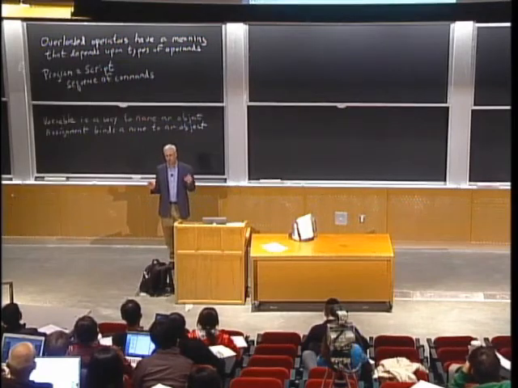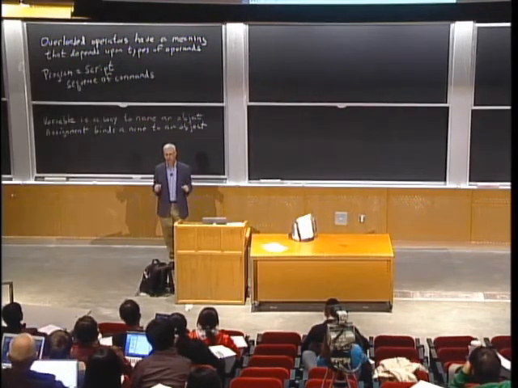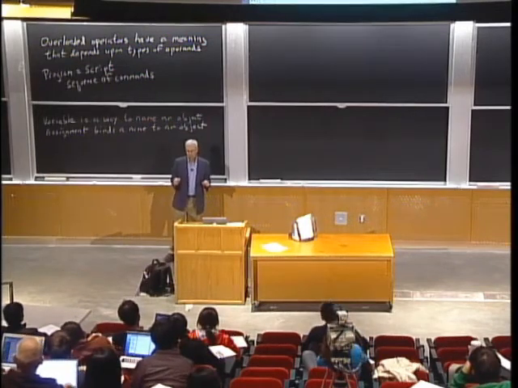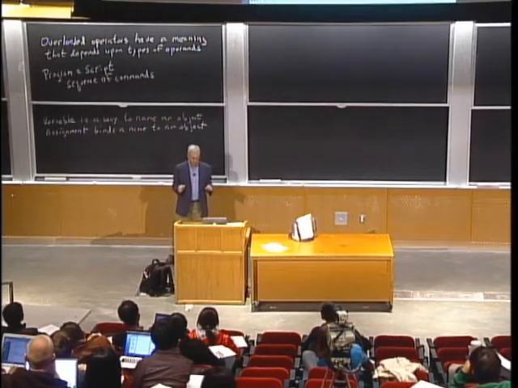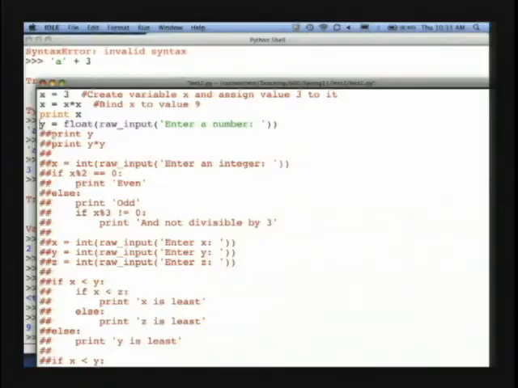The difference is raw input always interprets what the user types as a string. So you'll see here it says y equals float of raw input, enter a number. So let's run it.